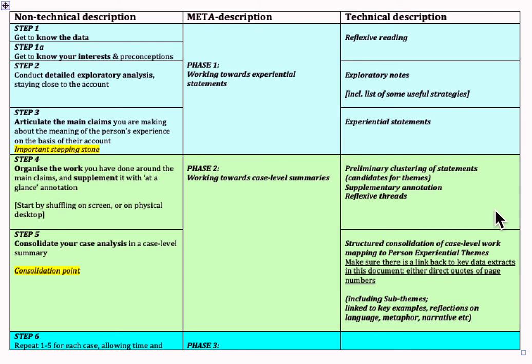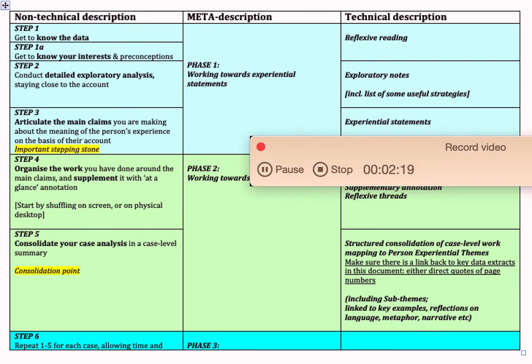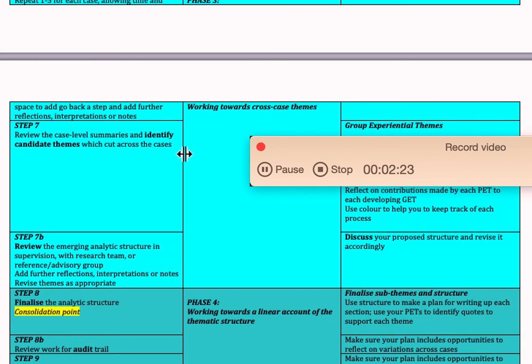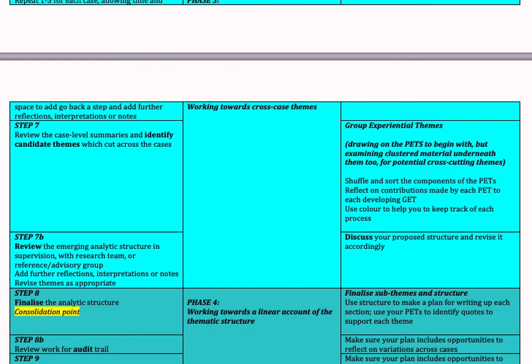And then as we scroll down, you should be able to see phase three. So this would be once you'd completed the case level summary for each case, then you can start to look across themes and begin to think about cross-case themes. And we would call these group experiential themes. So these are the themes that cut across the sample.